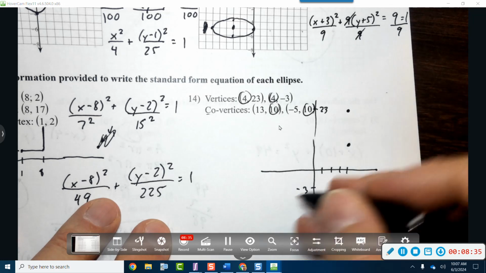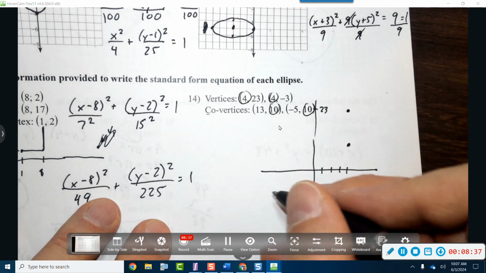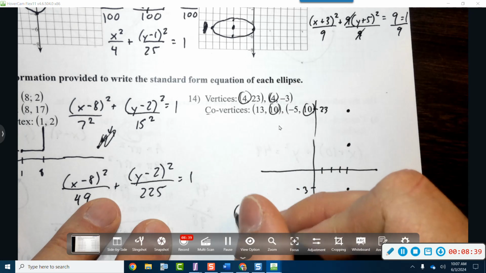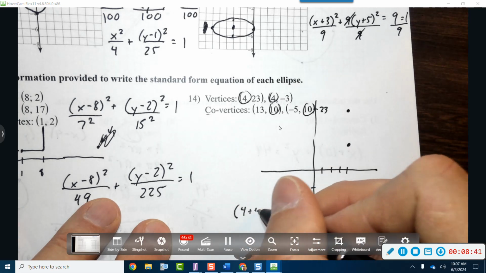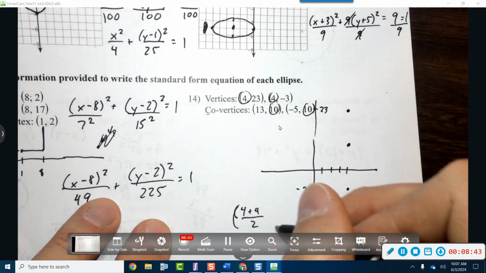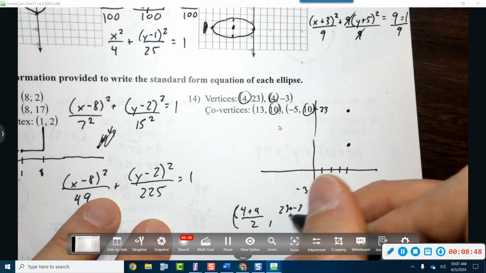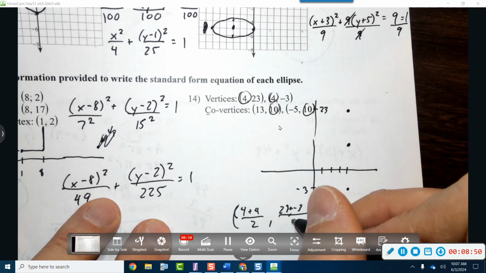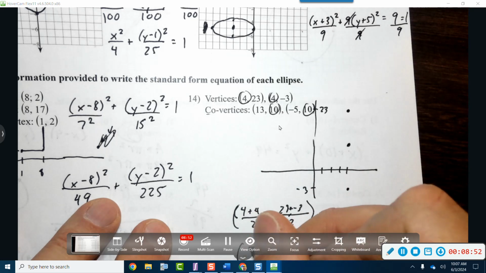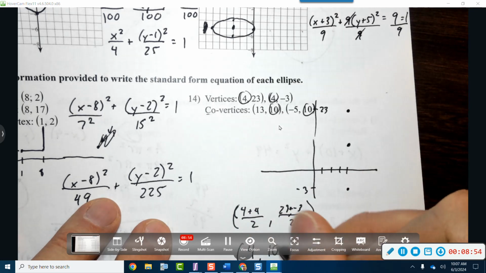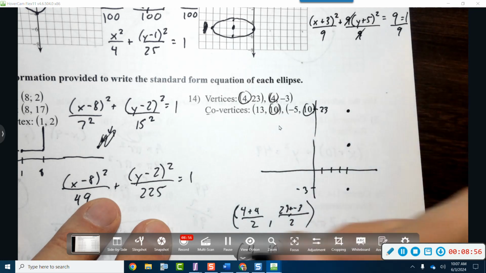But let's check it. So we've got the midpoint is going to be the average of the two. So I've got 4 plus 4 for the x. And then 23 plus -3 over 2. That's going to give us 4, 10. Yep. Okay, so 4, 10 is the center.